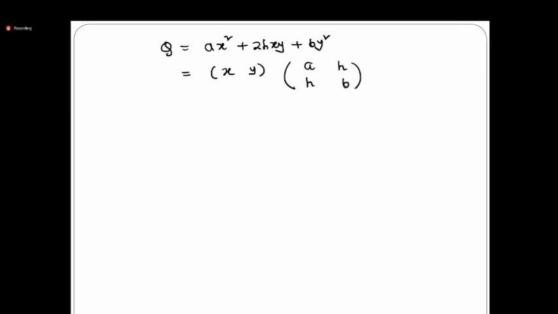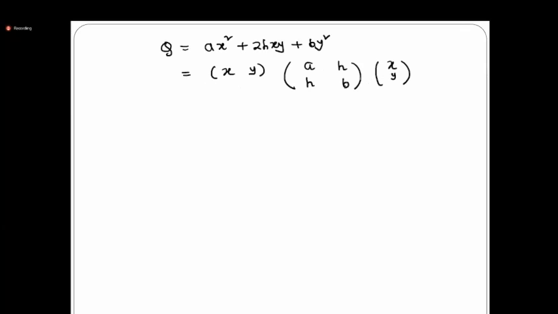To do that, let us consider one simple quadratic form. Already I have given that example, ax square plus 2hxy plus by square. No doubt this is a quadratic form, right? This can also be written as (x, y) times the matrix [a h; h b] times (x, y).